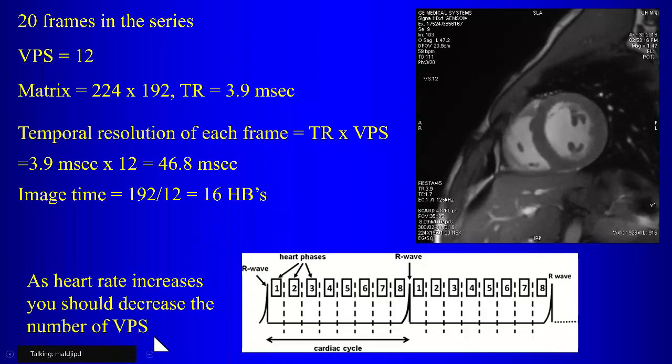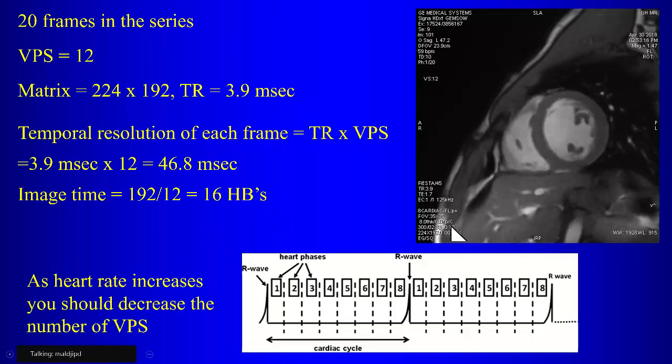That's what you will tell the technologist. So if your heart rate is 60 beats per minute, views per segment of 12 is okay. That's not going to give you blurry images. But if your heart rate is 122 beats per minute, then you may need to decrease your views per segment so that your images are not too blurry, to improve your temporal resolution.